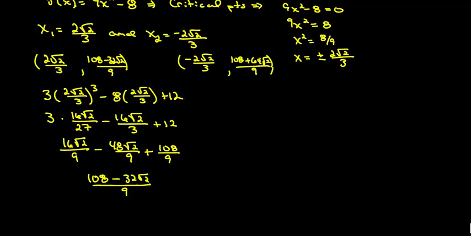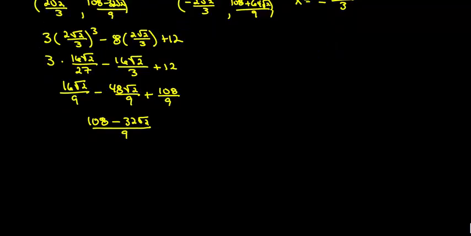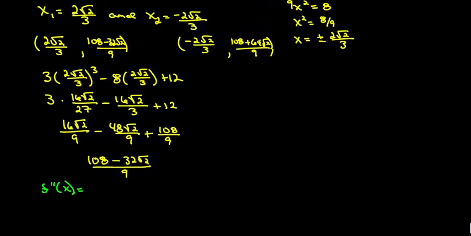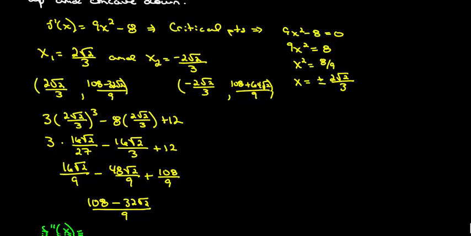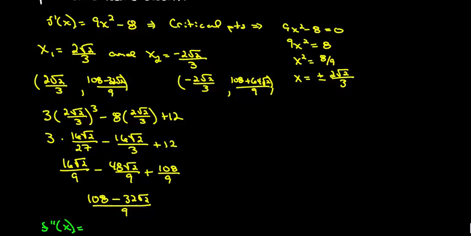Now, what we want to do is take those points and look at the second derivative. So we know that 2 square roots of 2 over 3 and negative 2 square roots of 2 over 3 are candidates for critical points. So now what we want is the second derivative of that function. And so we have our first derivative up here, 9x squared minus 8. So the second derivative will just be 18x.